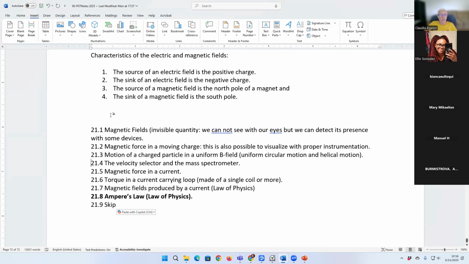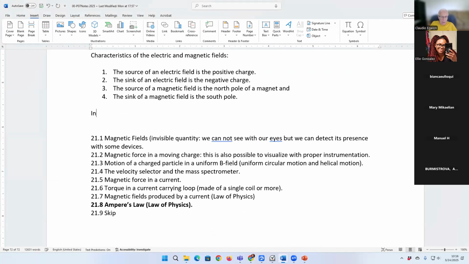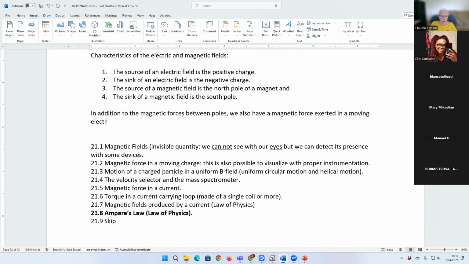Okay. And what else do you observe? In addition to the magnetic force between poles, we also have a magnetic force exerted on a moving electric charge.